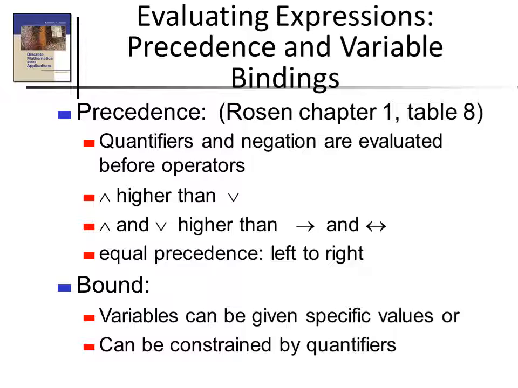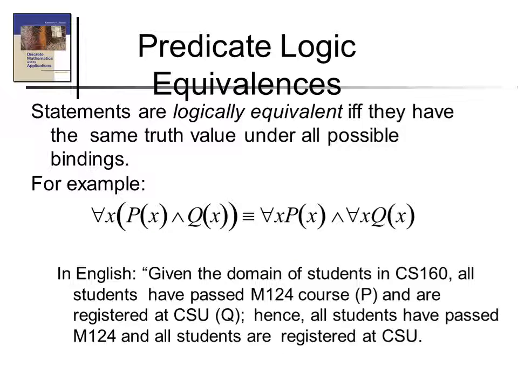Equal precedence is evaluated left to right. Bound means variables can be given specific values. In the previous example, P of x,y, we gave x equal to 0 and x equal to 2. That is, we can give a specific value for variables, and also we can give constraints for the quantifiers.